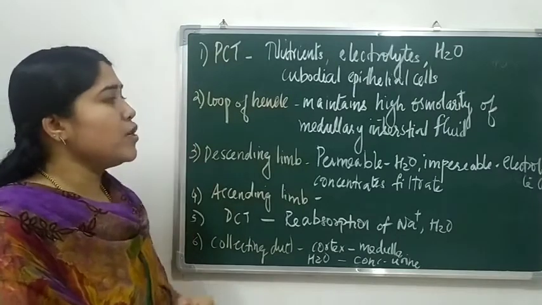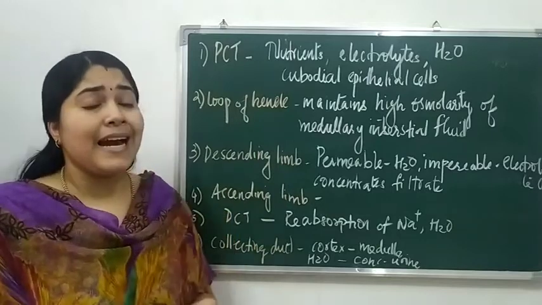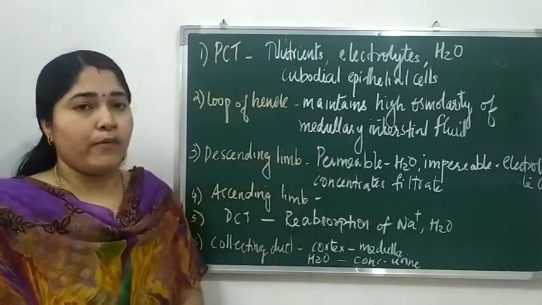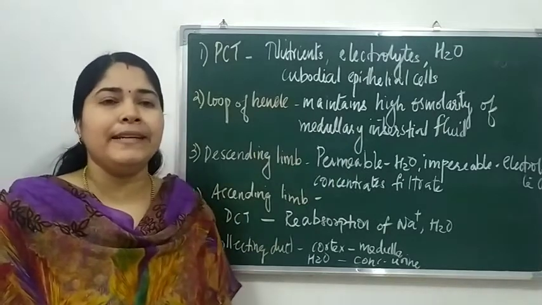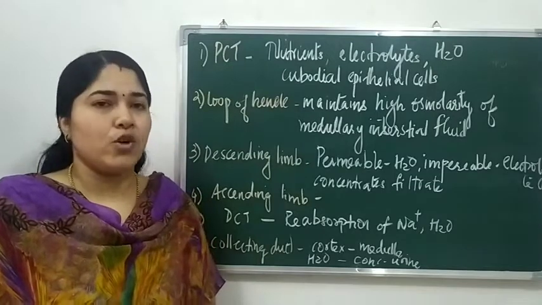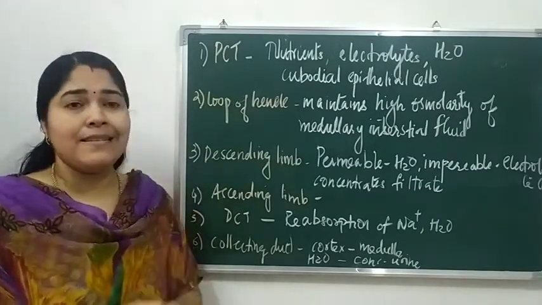The next one is the loop of Henle. Its function is that it maintains the high osmolarity of the medullary interstitial fluid, that is the fluid in the interstitium in the medullary region. Next is the descending limb.